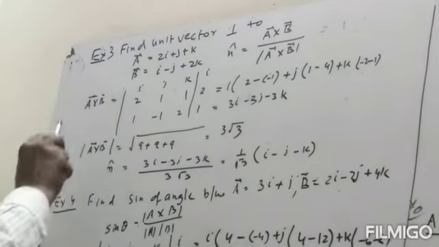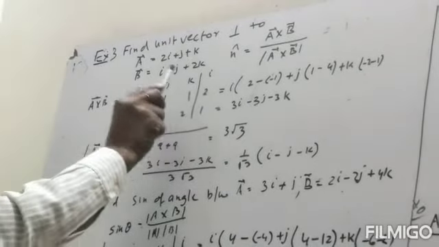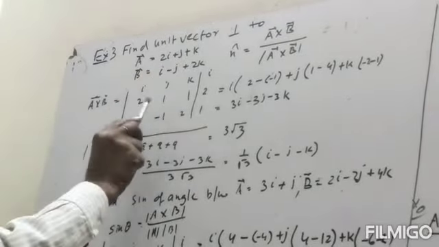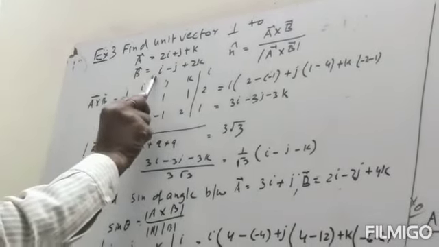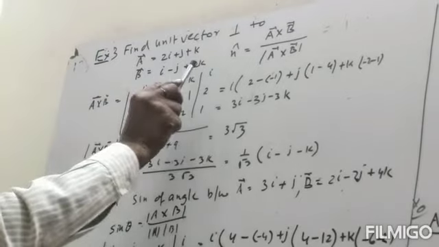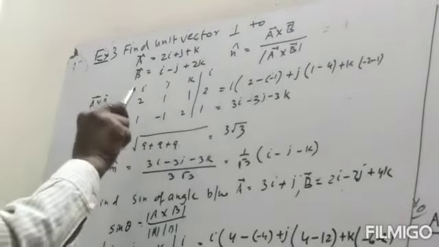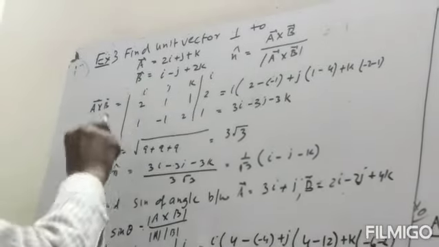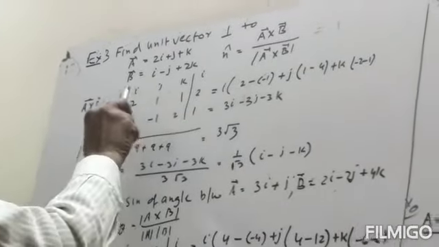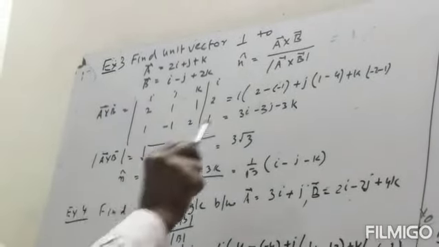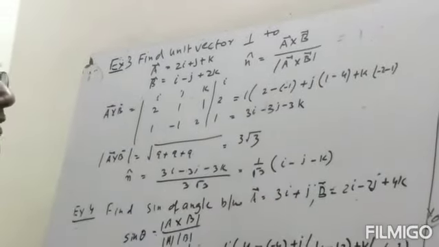A cross B will be equal to the determinant with rows i j k, 2 1 1, and 1 minus 1 2. So we repeat the first two columns and solve the determinant. This will be equal to i times (2 minus 1 times 2 plus 1), that is 3.